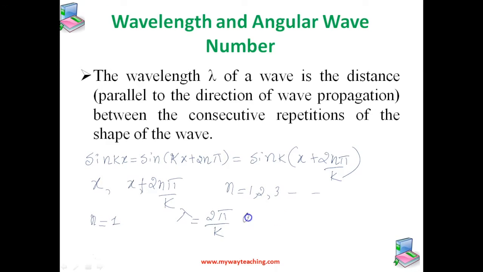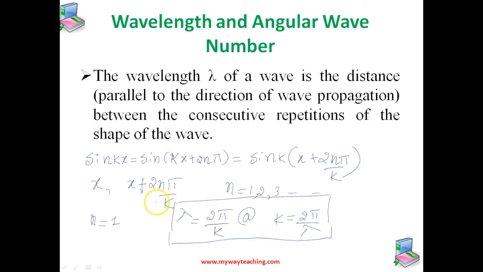Or in other words, we can write k is equal to 2 pi by lambda. So this is the equation that we use to find the wavelength. Lambda is equal to 2 pi by k, or k is equal to 2 pi by lambda, where k is the angular wave number or propagation constant.